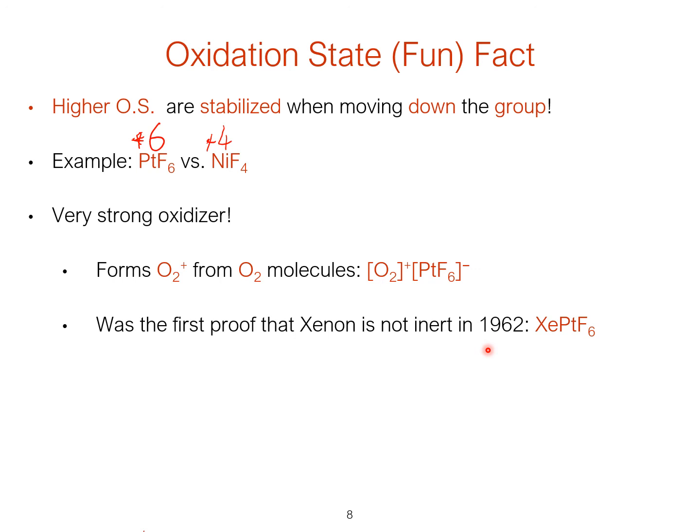And at that point, the noble gases were thought to be completely inert. So then it was this chemist that was like, hang on, if I can oxidize oxygen with platinum hexafluoride, maybe I can do the same to xenon. And he chucked them together and it did actually work. So it was using this platinum hexafluoride as an oxidizing agent that xenon was first shown to be not inert in 1962.